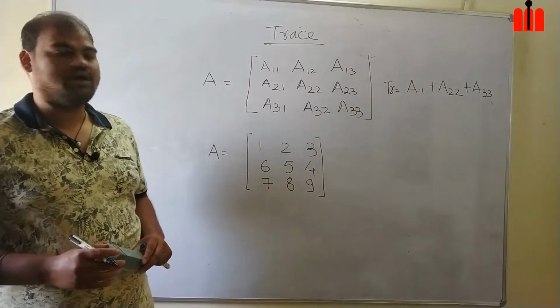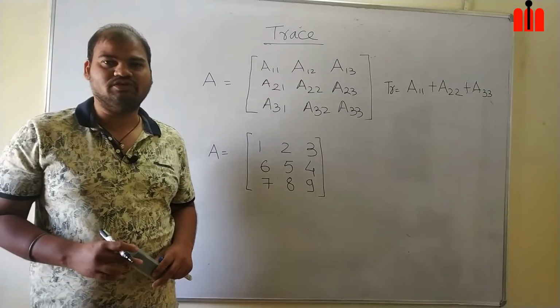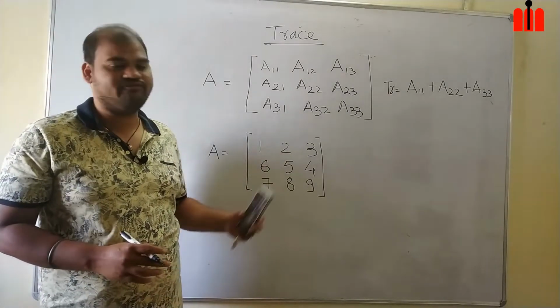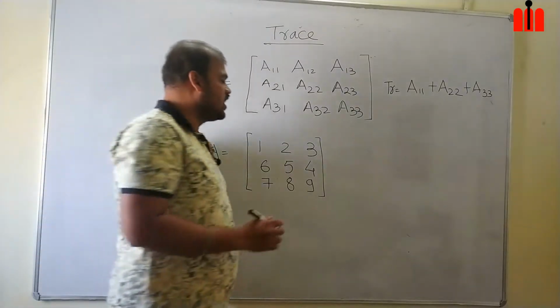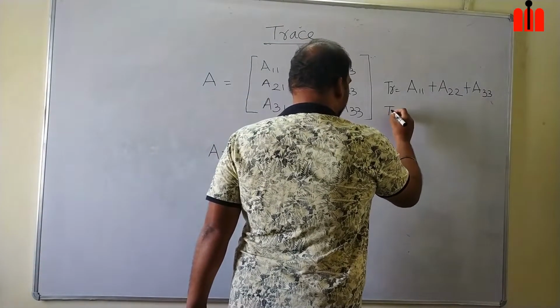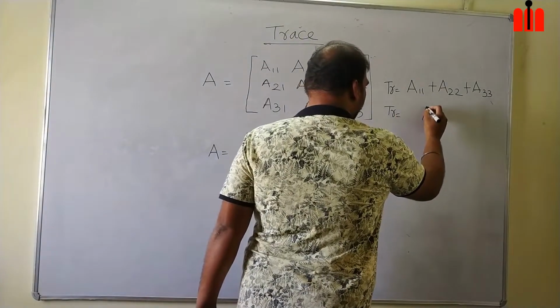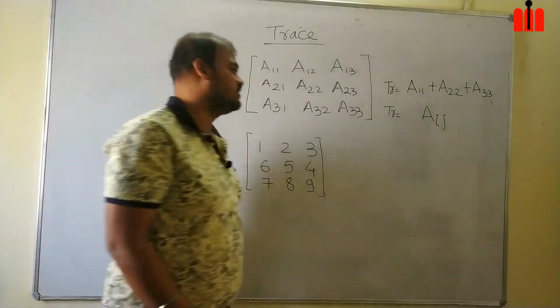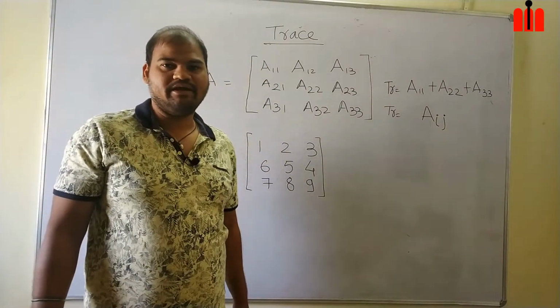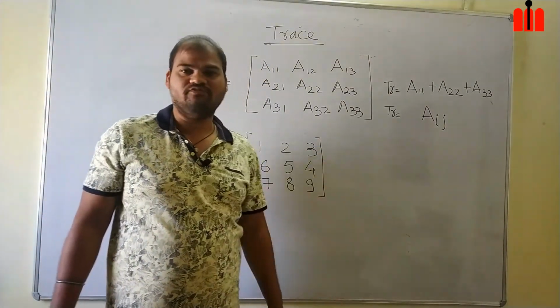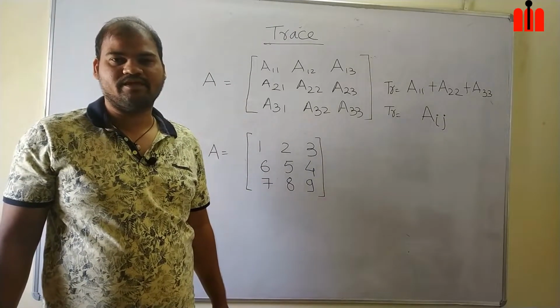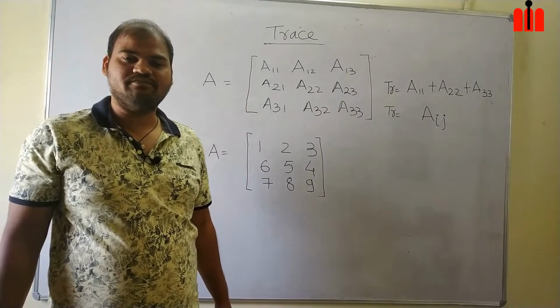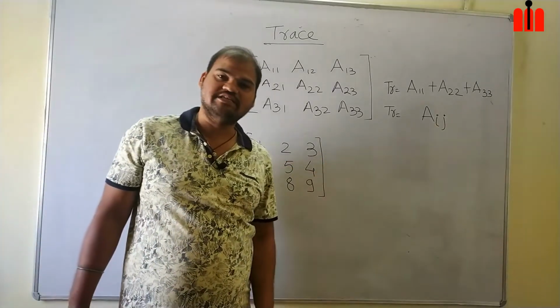Okay, now let's put the standard practice for finding the trace. We had earlier learned that any element can be represented in the form of Aij, where A is a matrix.